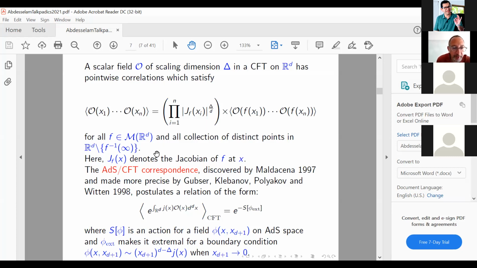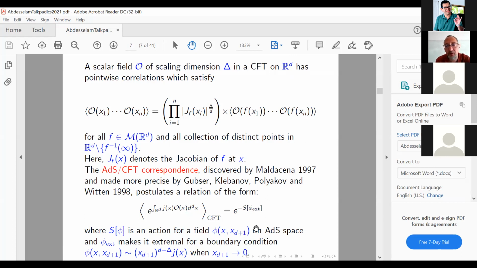All right, so there is this AdS/CFT correspondence discovered by Maldacena and lots of people, which postulates a relation between conformal field theory on the boundary, which is R^d, and more sophisticated field theories or string theories in the bulk.